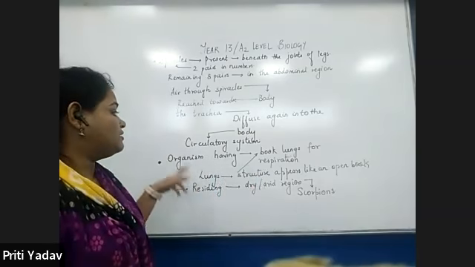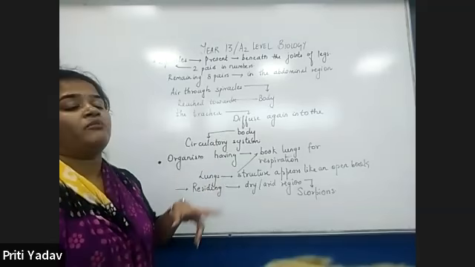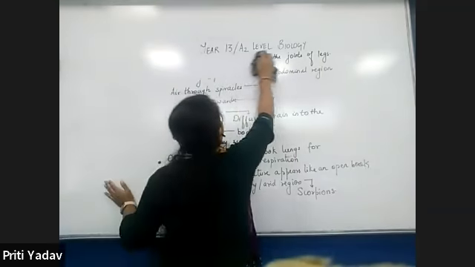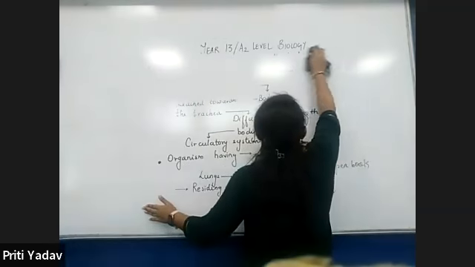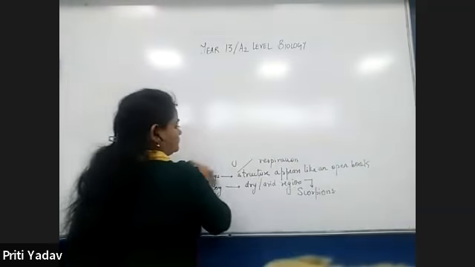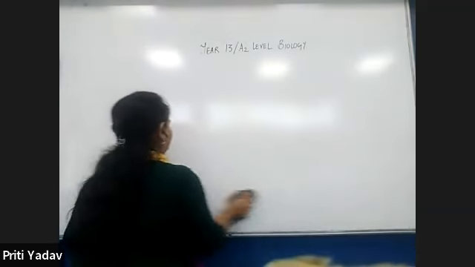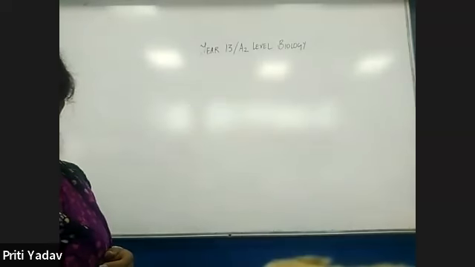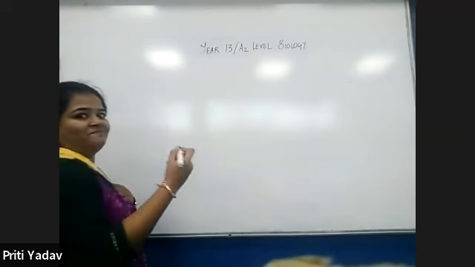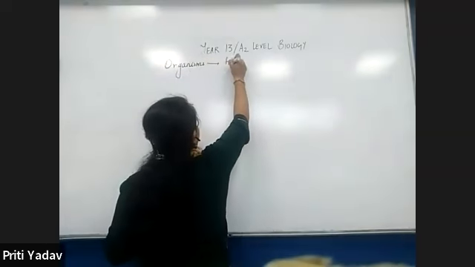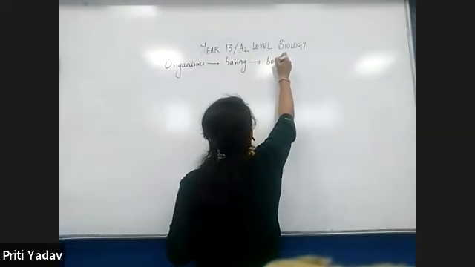Okay. The next category in the same group comes with organisms having book gills.